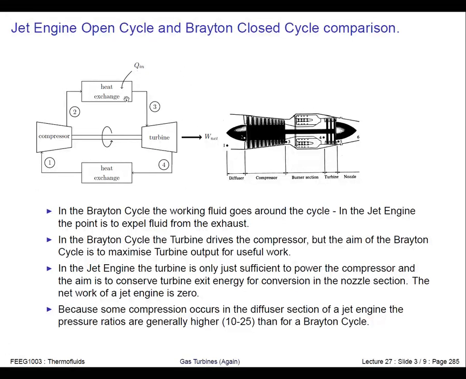You have work transfer going in, heat transfer going in, and net work coming out. So this is the net work: the turbine generates lots of work, some of it is used by the compressor, and what's left is used for useful stuff, and we reject some energy. We have to do that because it has to obey the first and the second law.